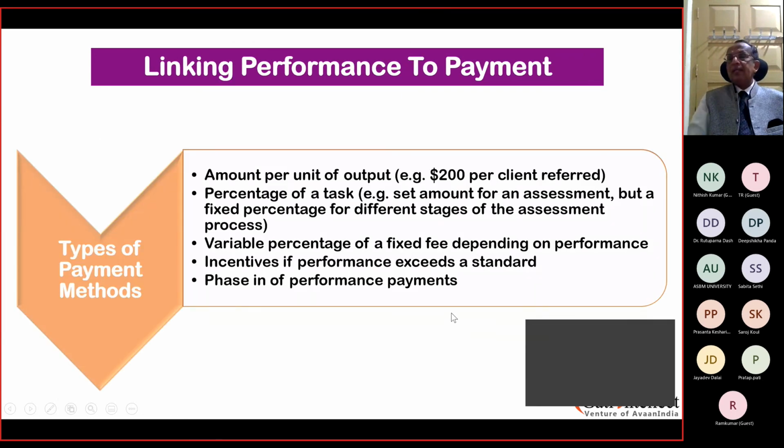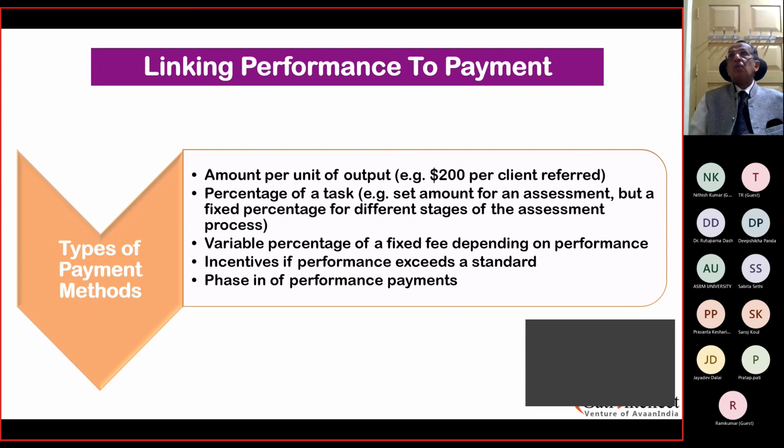Let's go a little deeper into linking performance to payment. What are the payment methods? Amount per unit of output: if you complete the task on time, as specified in the contract, you will be paid so much per completion report.